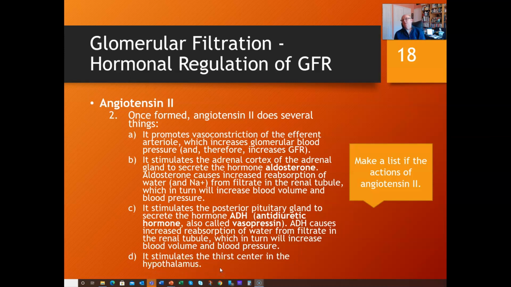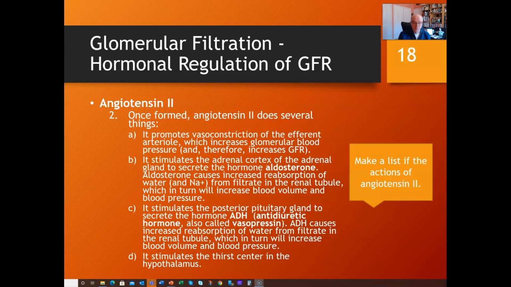Now, why does it do all these things? If you are losing fluid, too much fluid, your blood pressure will fall, you'll be thirsty, you'll be dehydrated, your osmotic balance will be upset. So we have a mechanism for controlling the amount of fluid in the blood. Okay.